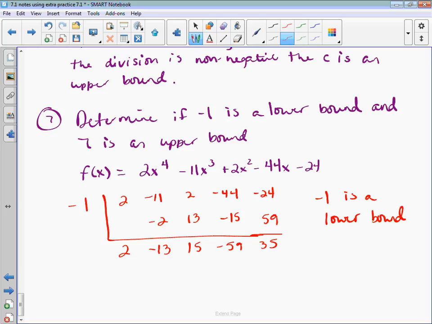If you had done your list of p's and q's, you would have a huge list for this, with it being 24 and 2. You wouldn't want to test anything smaller than -1, because -1 is a lower bound, meaning there will not be any zeros lower than -1.